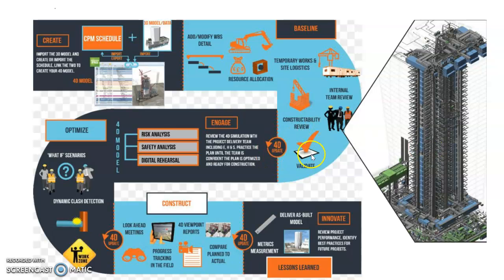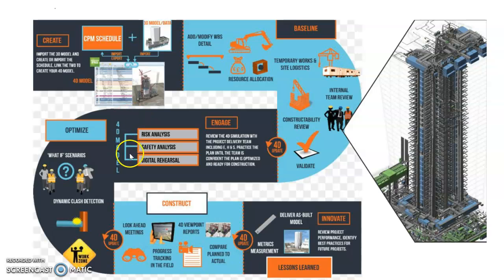So you can continuously update your 4D model. You review the 4D simulation with the project delivery team, including the H and S practice, until the team is confident that the plan is optimized and is ready for construction.